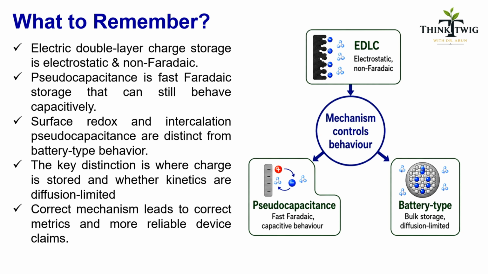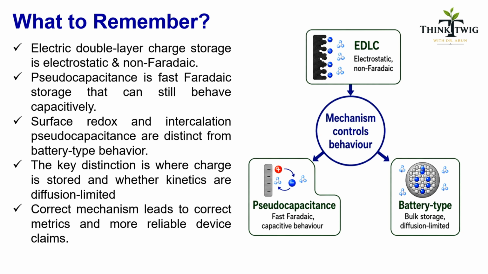And do the CV, GCD, and kinetic results tell the same story? Those questions naturally lead us toward the correct mechanism. And once the mechanism is correct, the choice of metric also becomes more meaningful. That gives us more reliable comparison between materials, and ultimately more realistic interpretation of device performance.